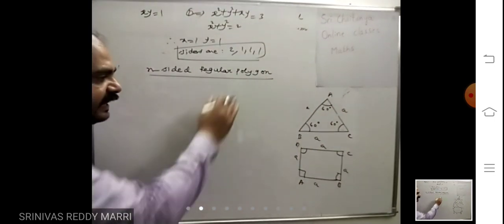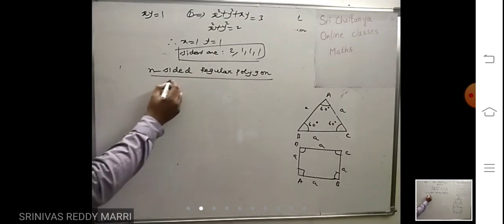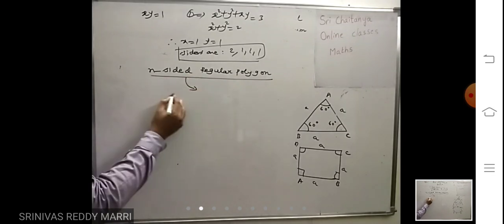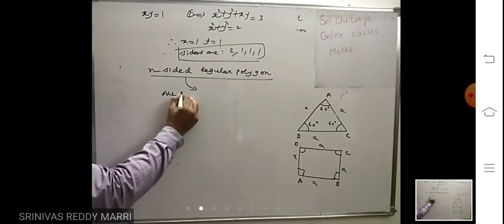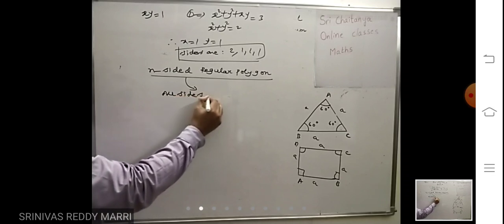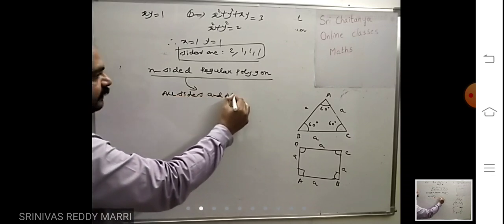Like that, an n-sided regular polygon will be there. That means in a regular polygon, all sides and all angles will be equal.